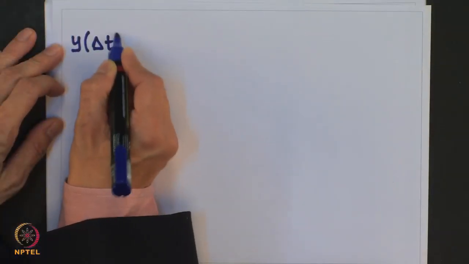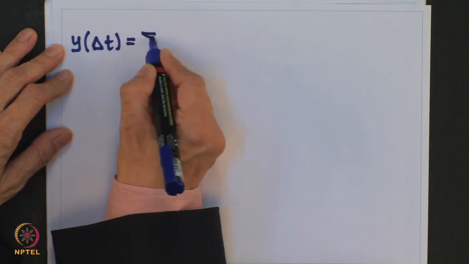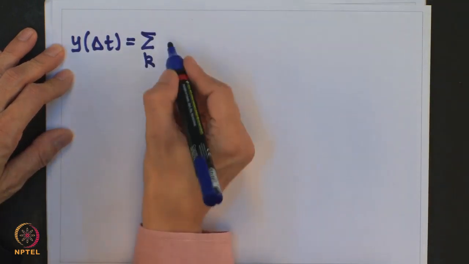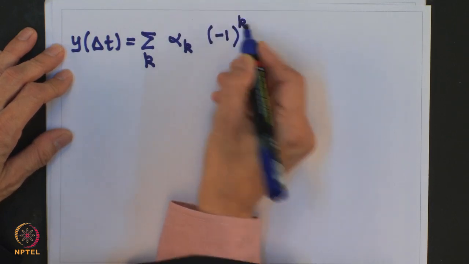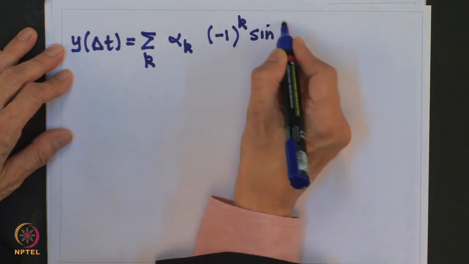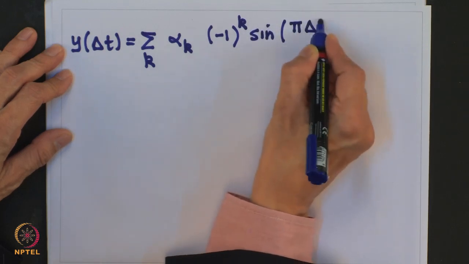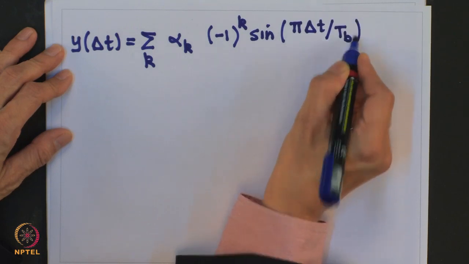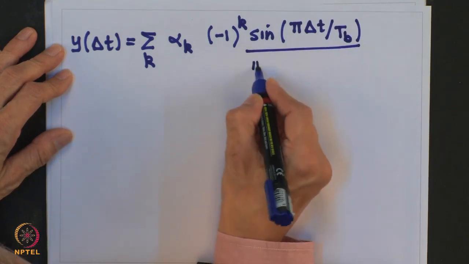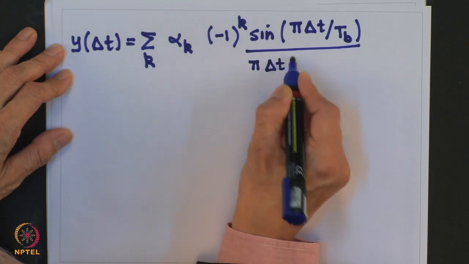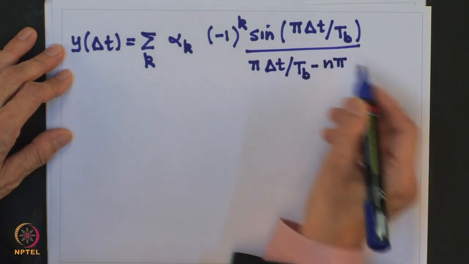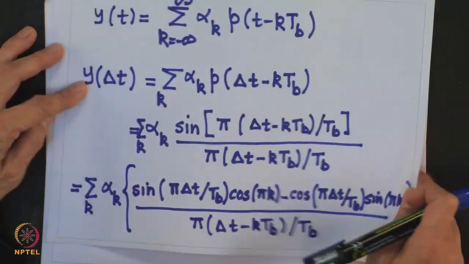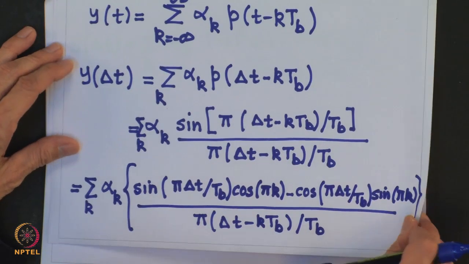Let us see what we get. The other term here will go to 0 because of sine pi k.